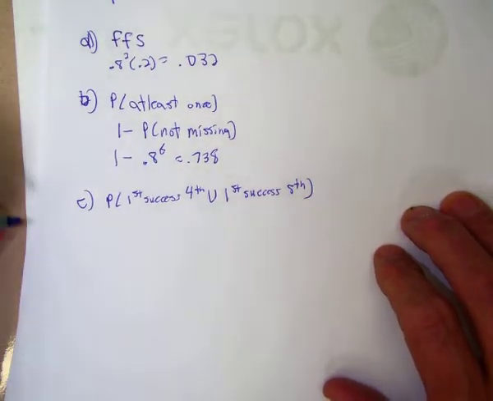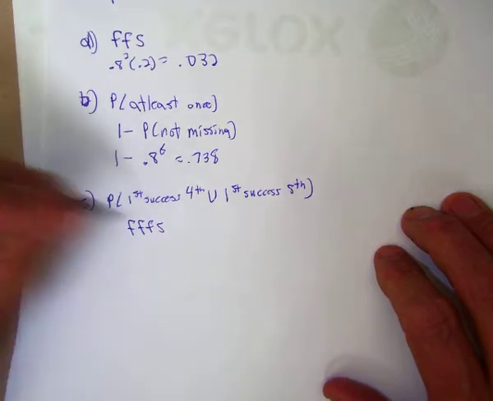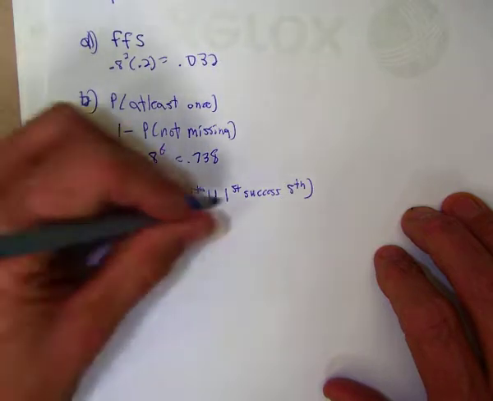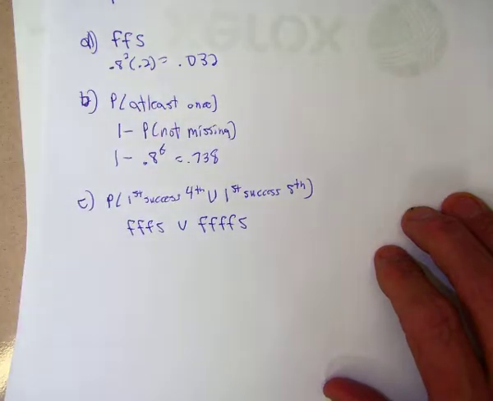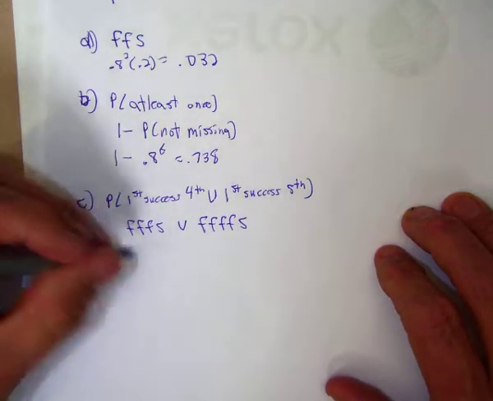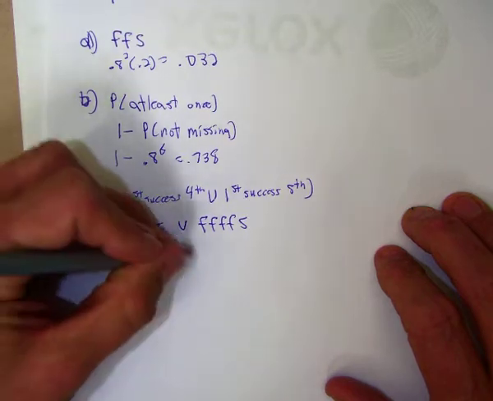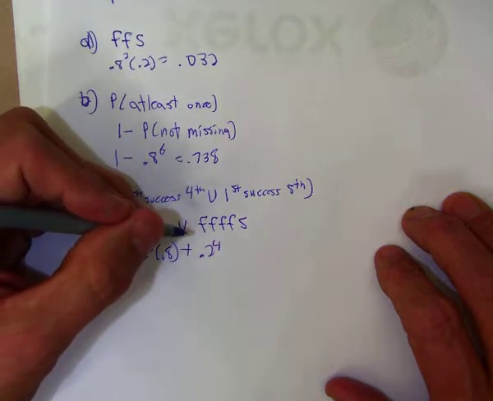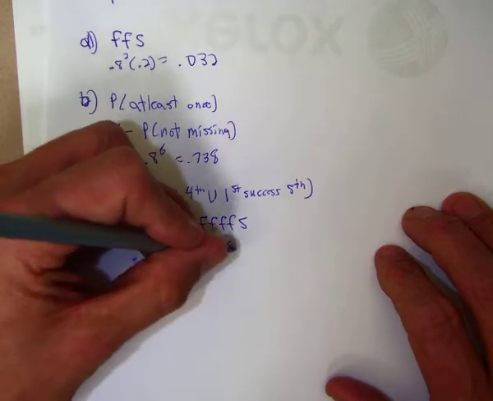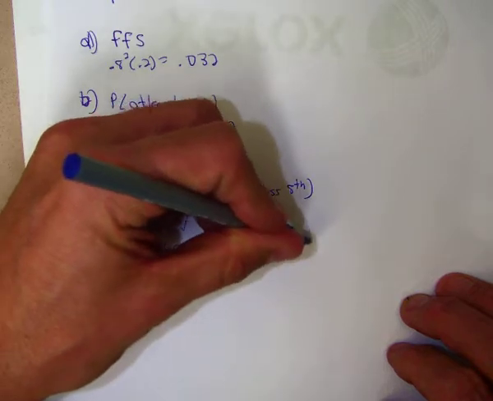So the first success on the 4th arrow would mean failure, failure, failure, success, and the 5th arrow would be failure, failure, failure, failure, success. So the probability is 0.2 cubed times 0.8, plus 0.2 to the 4th times 0.8. And if we add those two together, we get 0.00768.